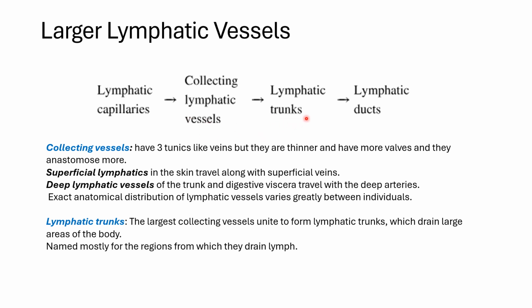Then they turn into ducts. We have two ducts: the thoracic duct and the right lymphatic duct. And the lymphatics in the skin, the superficial lymphatics, travel along the superficial veins, and the deep lymphatics travel along the deep arteries.